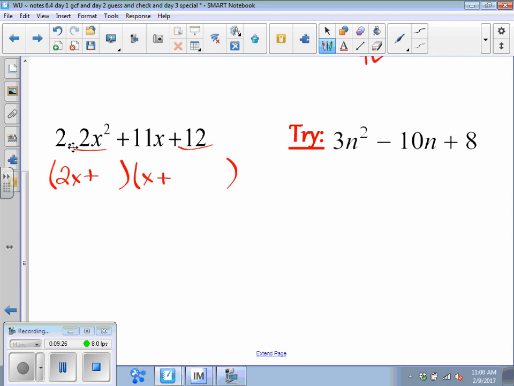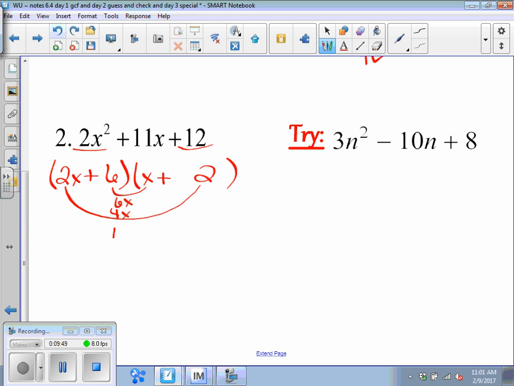So, let's try 6 and 2. So the inside gives me, the outside gives me 4x. 2x times 2 is 4x. And that together gives me 10x. Is that right?